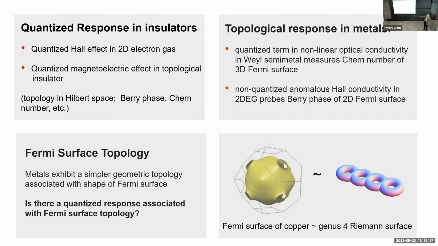It's not quite as nice as the quantized Hall conductivity, but the point is that in insulators one could describe the topology of the filled electronic states, the valence band, and that's a topology in Hilbert space, which describes the way the wave functions twist as they go around the Brillouin zone.